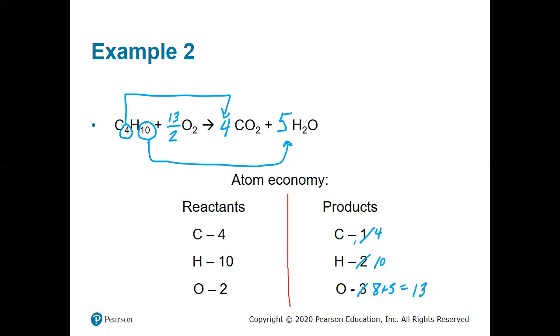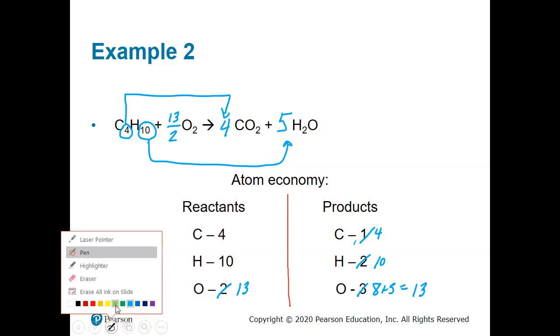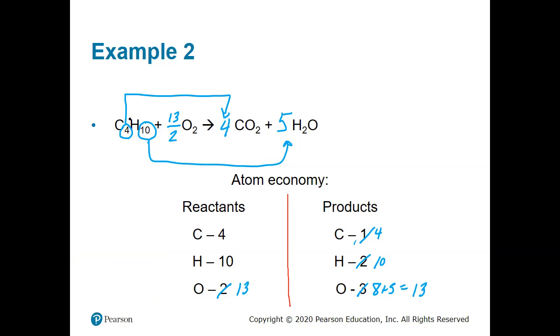Now, obviously, there's no such thing as half of a molecule. So to get rid of the half, we are going to multiply the whole thing by 2. Because 2 times a half gets rid of the half.